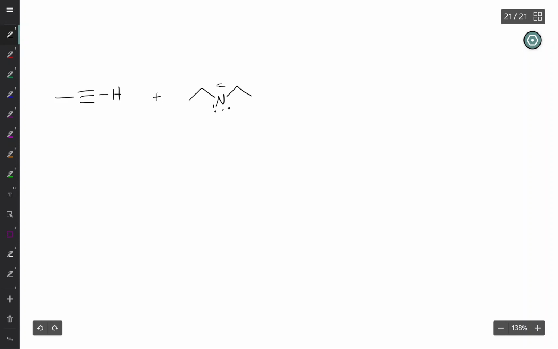A terminal alkyne, all right. So I'm going to have a terminal alkyne. And let's say I were to have a terminal alkyne react with this molecule.